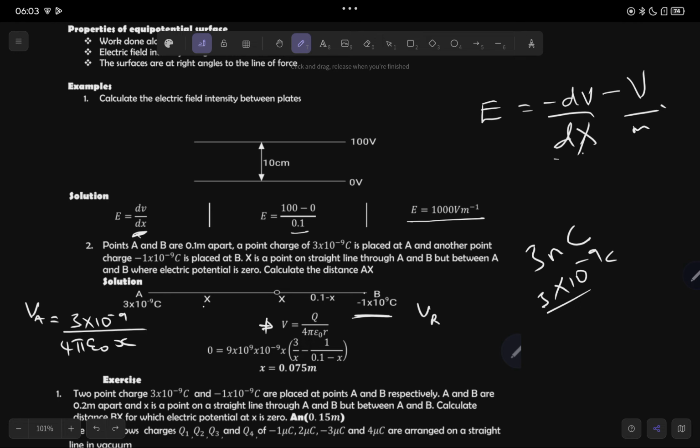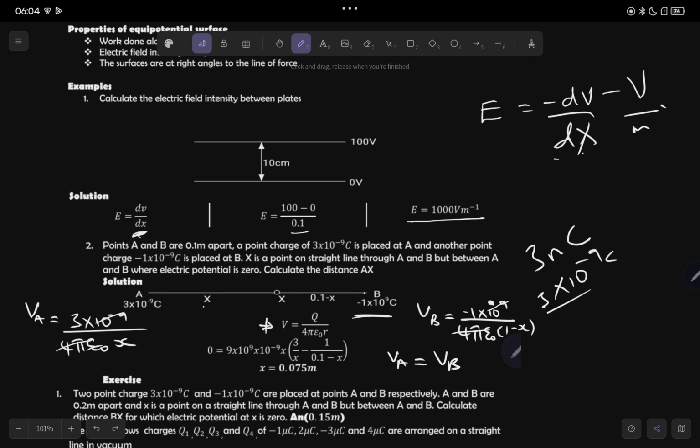Then VB, the electric potential due to B, is negative 1 times 10 to the power negative 9 over 4 pi epsilon naught times 1 minus x. Since the electric potential at the point X is 0, you can just equate the two, VA is equal to VB. When you do so, these terms will cancel.